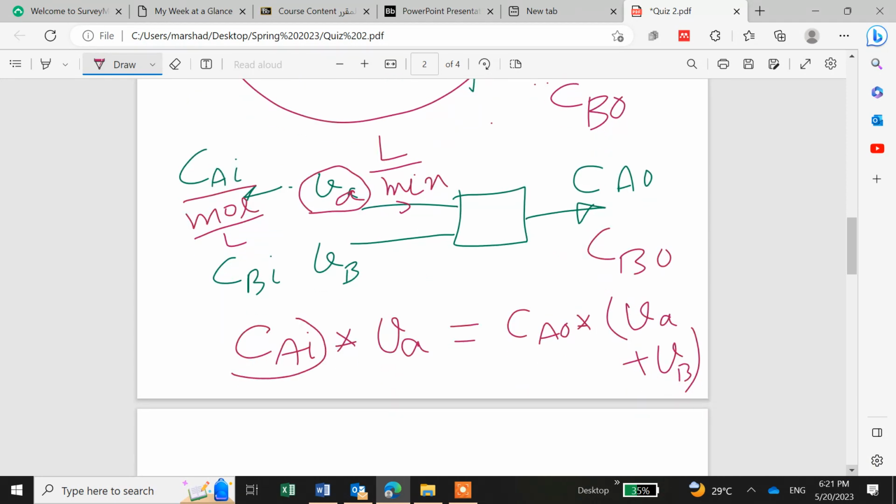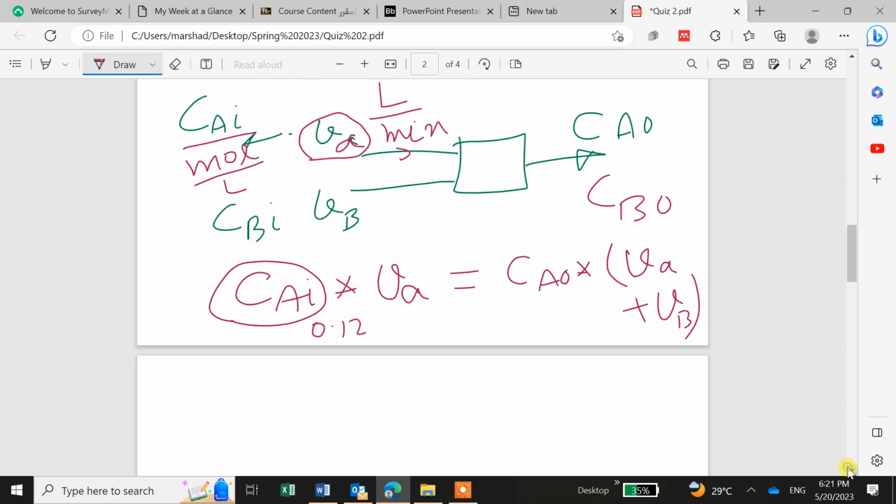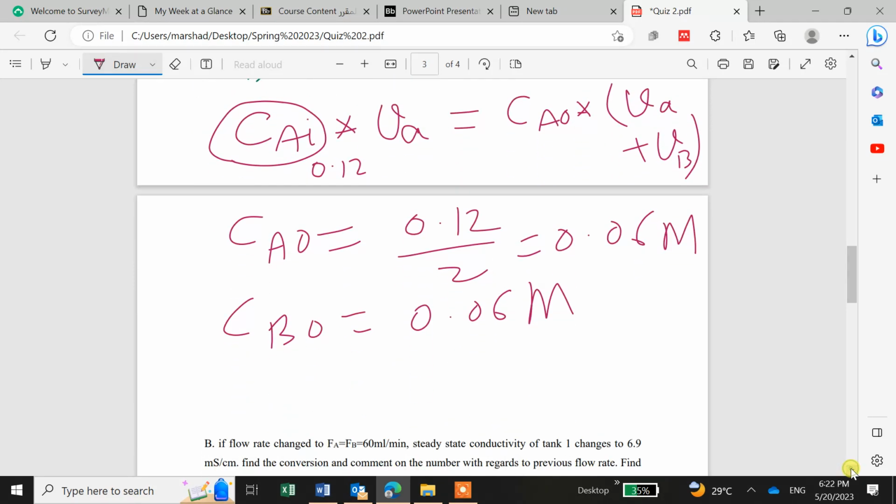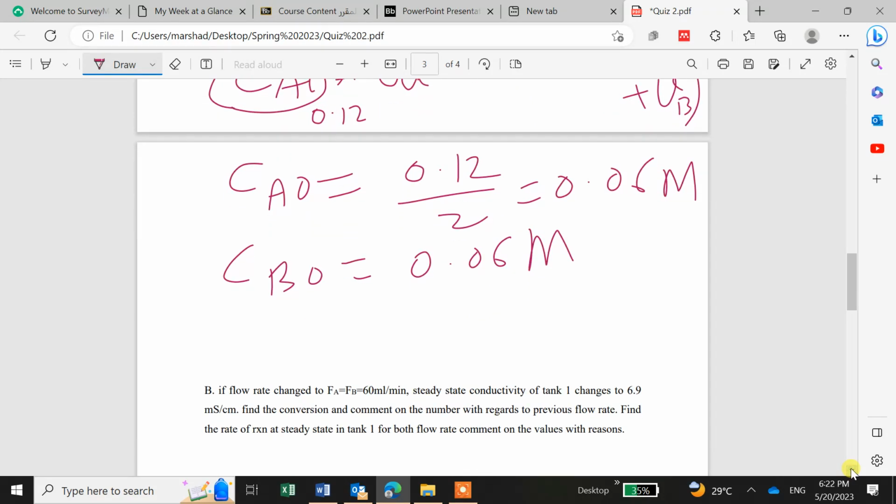Va and Vb are equal, so Ca0 becomes 0.12 divided by 2, which is 0.06. The same will be for B, Cb0 also 0.06 molar. Our initial conductivity and final conductivity will be based on this.